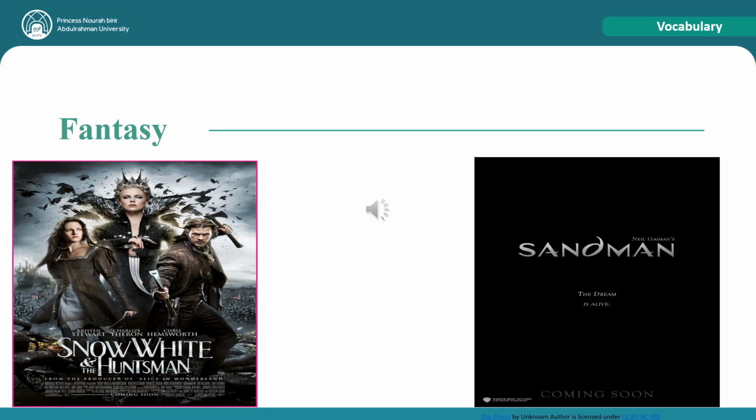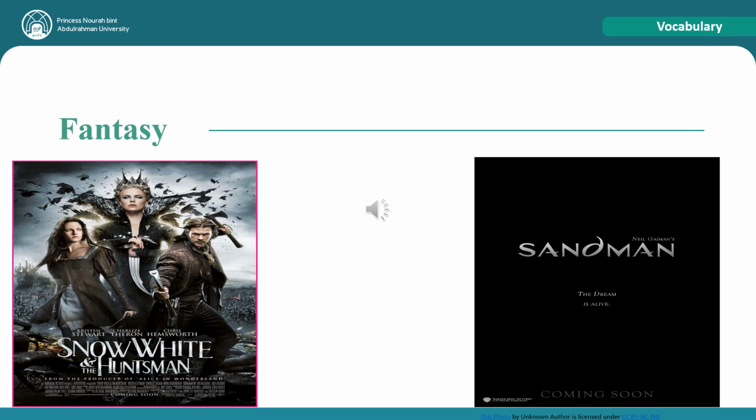These are known as fantasy films. We have a very popular one here called Snow White and the Huntsman, and then we have one called Sandman. Snow White and the Huntsman is what we would call a fantasy film, meaning that it takes us into a whole different world and it gives us a reality that is not, of course, in real life. This is why it's also known as fantasy.